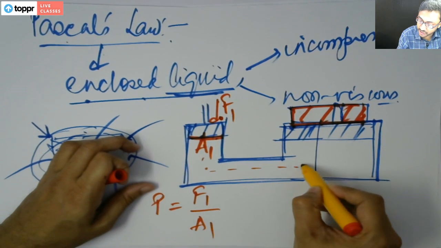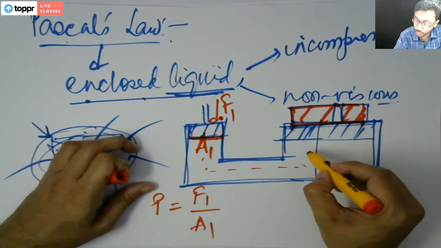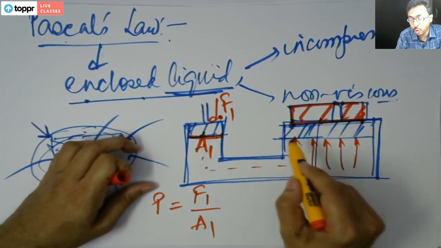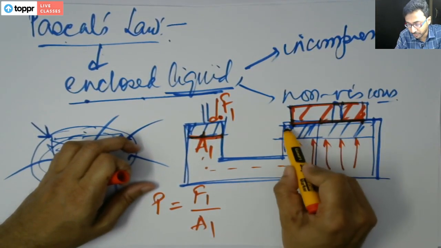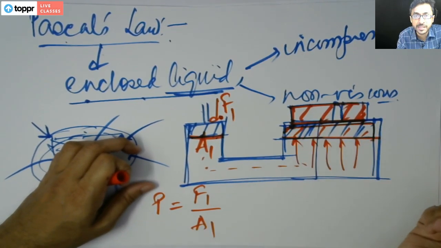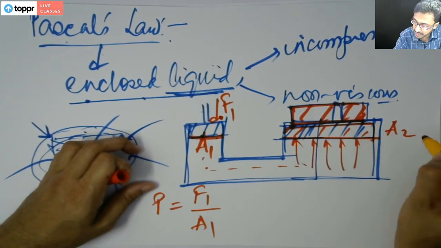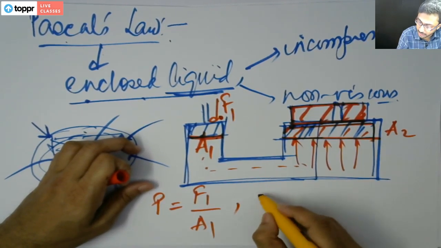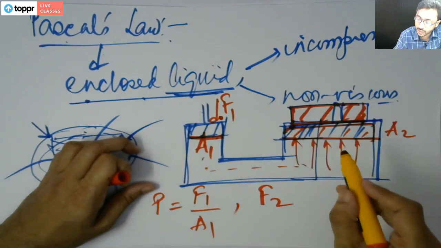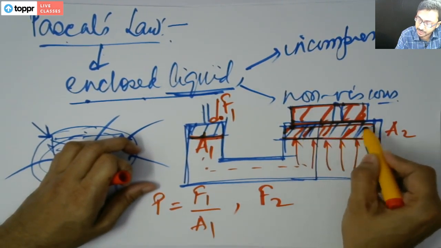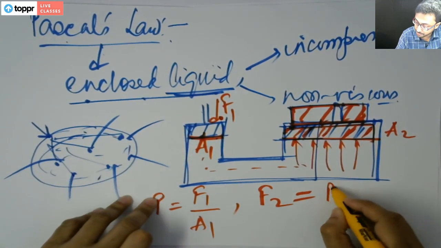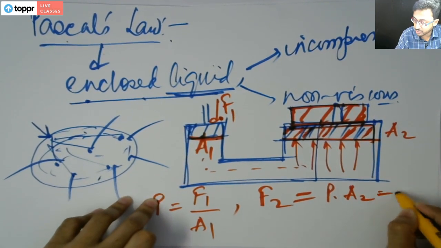Now this pressure, as the whole system is enclosed, will be transmitted equally to all the points of this liquid. And if we consider this piston, say its area is A2, then the force F2 with which this piston is rising up is nothing but this pressure P into A2.